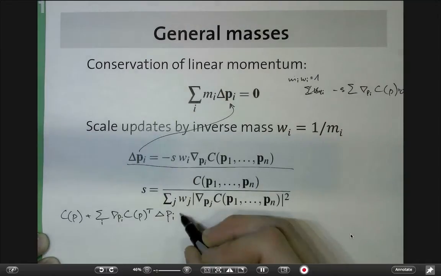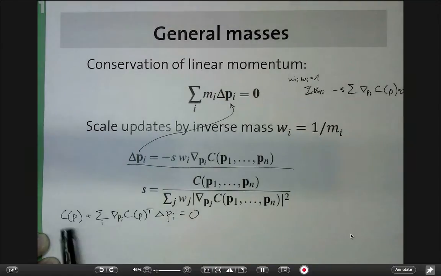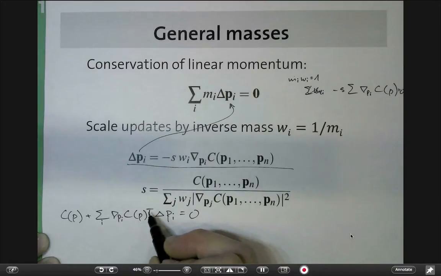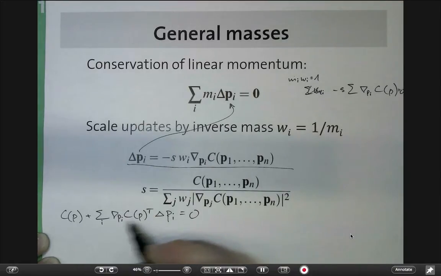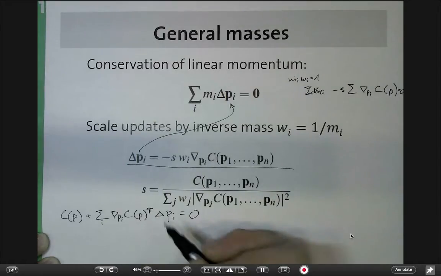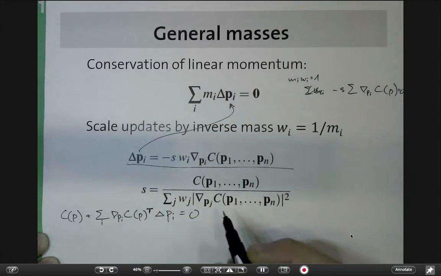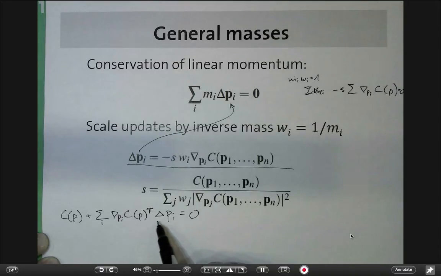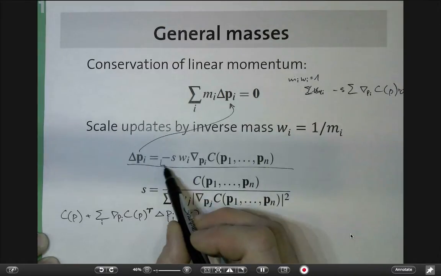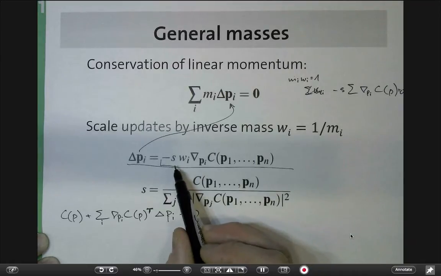Okay, so this should be 0. Okay, this is my current value of the constraint, this is the gradient. I just prefer to denote the dot product, so this is a dot product between the gradient and the displacement. I just prefer to denote it with the transposition. You can also denote with the dot. And if the delta pi's are the minus S Wi.